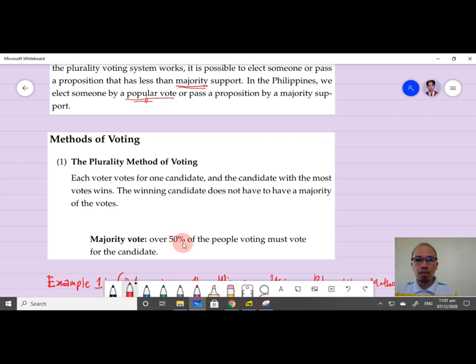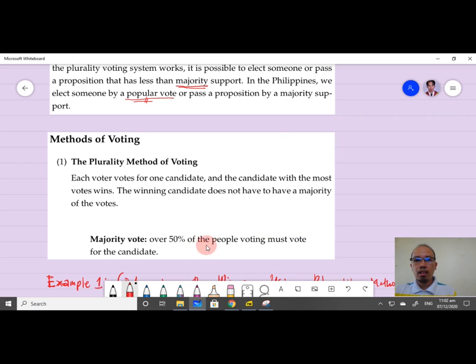It says here that it must be over 50% of the people voting. So if there are 100 people who will vote, then 50% of that is 50, and plus 1, so more than 50.